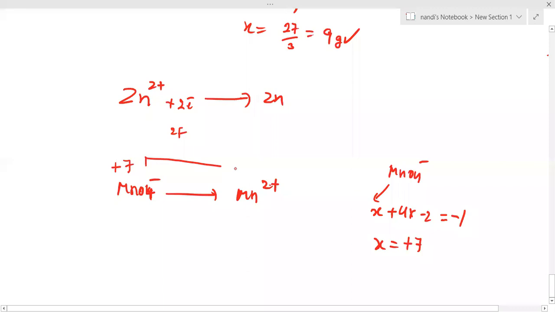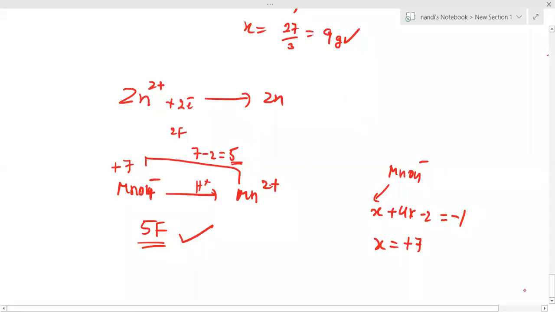The difference, how much, sir? 7 and 2 difference is 5. So how many electrons did they gain? 5 electrons, nothing but 5 Faradays. So 5 Faradays are required to convert MnO4 minus to Mn2 plus in acidic medium. Whatever the difference, that equals the Faradays. 5 Faradays of electricity required. Understood? Any doubt please?